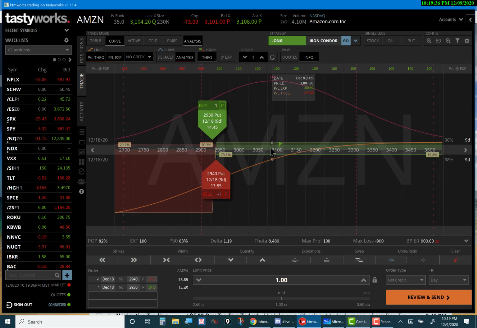Now you see a dramatically different effect here on how that theta erosion takes place. Let's say, again, we're looking at the orange line here. Let's say that we let this go all the way to starting to go into the money. It's starting to go into the money right now, okay? So we've actually let this penetrate below our short call.